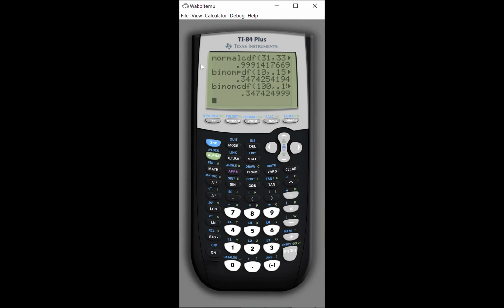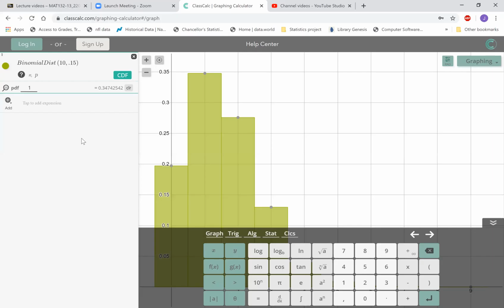So let's go ahead and now let's do this in ClassCalc. That's like the same answer as 37, right? Yeah, it's pretty much the same answer. All right, so in ClassCalc, the n and the p are the same. The only thing we're going to change is CDF. So for CDF, we'll put 0 all the way to 13.